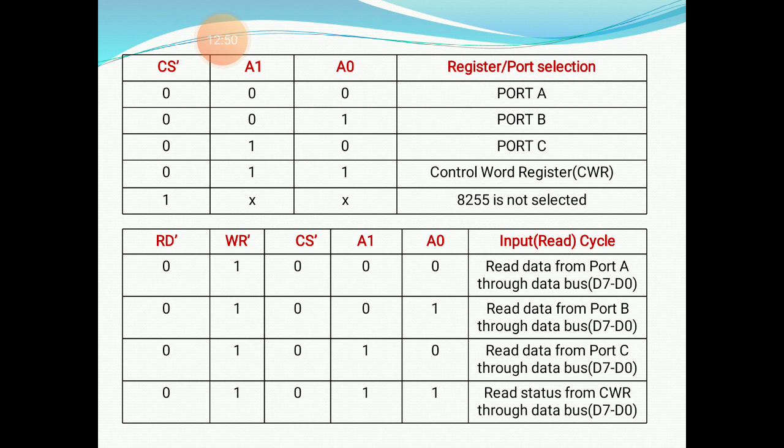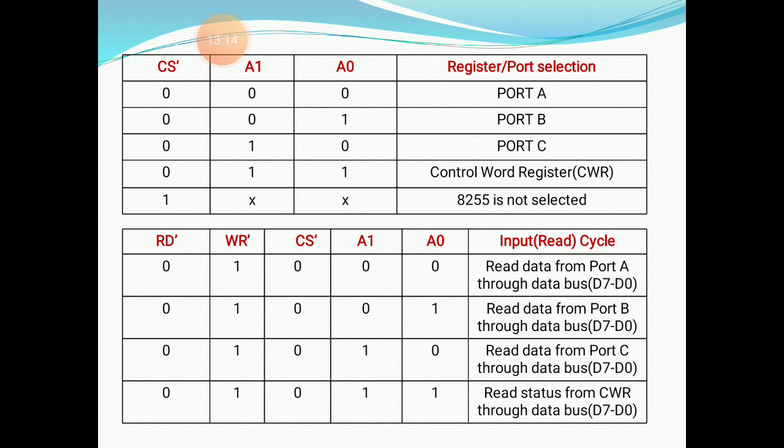If read bar is 0, CS bar 0, A1 0, A0 0, the processor reads data from port A through the data bus. Read bar 0, CS bar 0, A1 0, A0 1: the processor selects port B and reads the data from port B through 8 data lines.